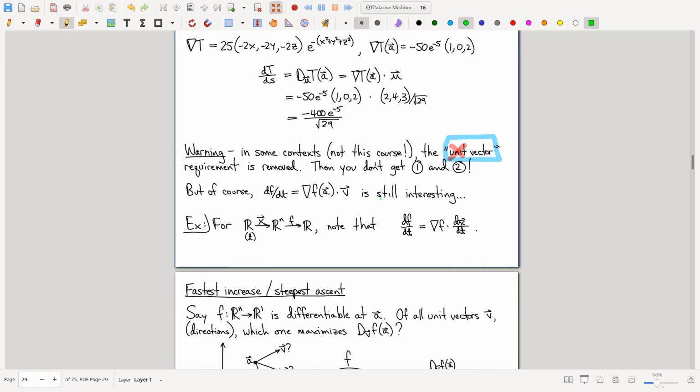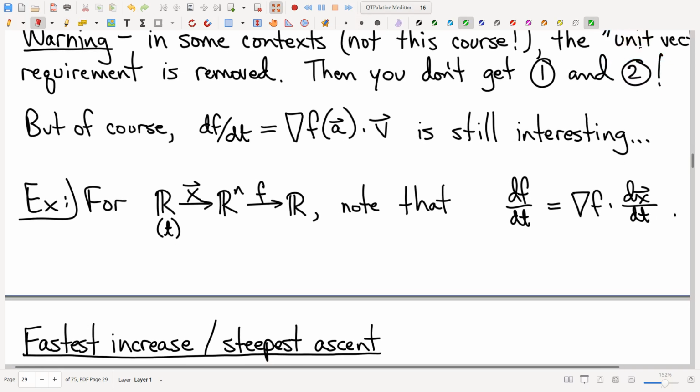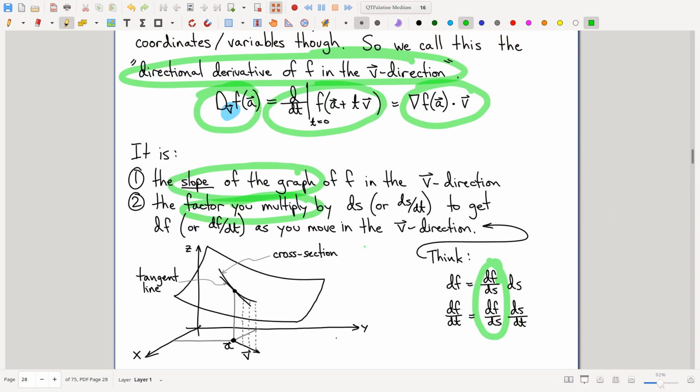Oh, and by the way, here's a great exercise. I think this is a really useful exercise. You can totally do this. Notice that when we say we're at a certain point and moving with a certain velocity, we're describing a parametric line. And when we say we are interested in how the values of some function f are changing, altogether we're talking about a composition.